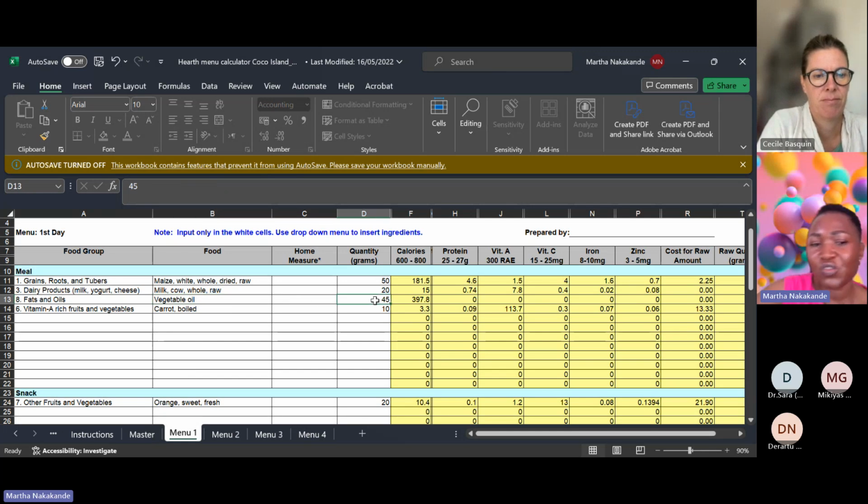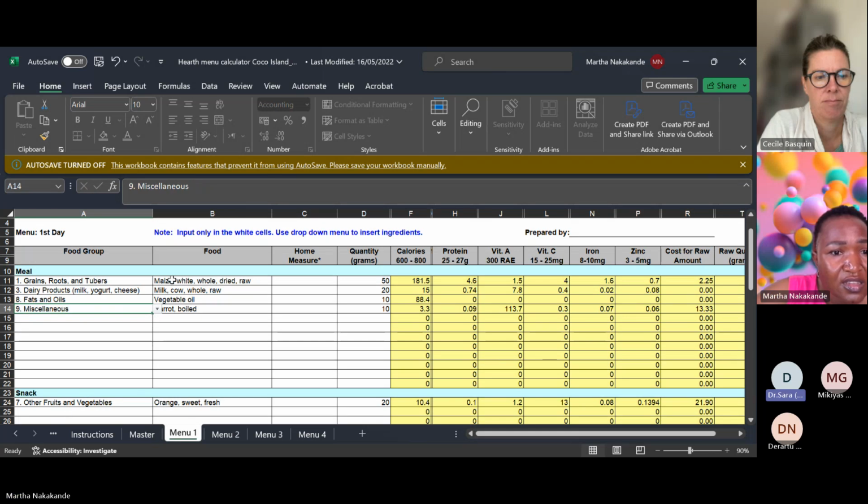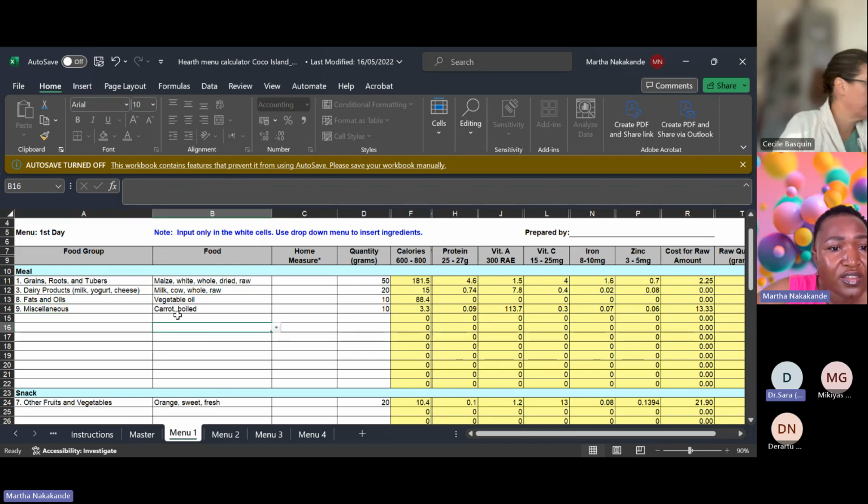And then maybe you're going to put 10 mL because we don't need a lot of oil. And then we said you're going to add a bit of sugar. I know it's not a healthy food, but where would it be? Let's see, miscellaneous. Where is the line for sugars?